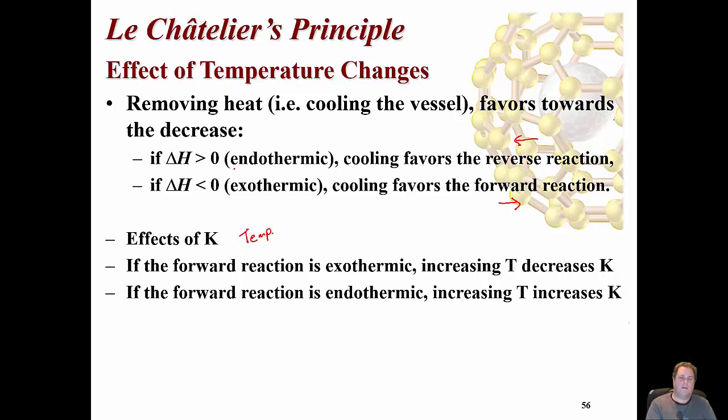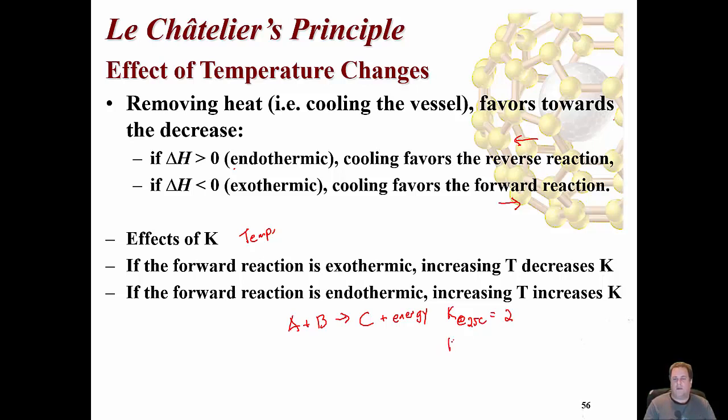Okay. So how does K change? Well, if the forward reaction is exothermic, so again, if we just write A plus B goes to C, if it's exothermic, we have our heat or energy on the right-hand side. So K at 25C might equal 2.